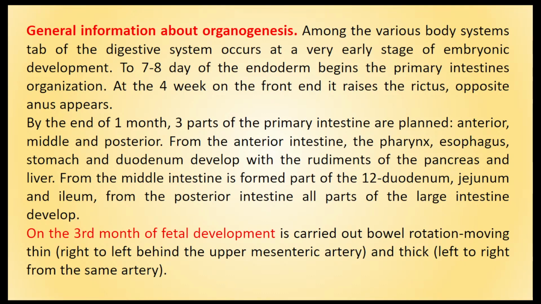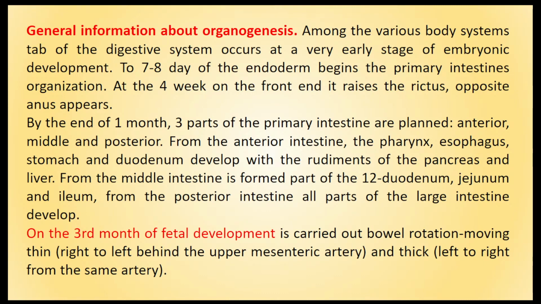By 7-8 days, the endoderm begins to organize the primary intestine. At 4 weeks, on the front of it, the rectum and anus appear. By the end of the first month, 3 parts of the primary intestine are planned: anterior, middle, and posterior.